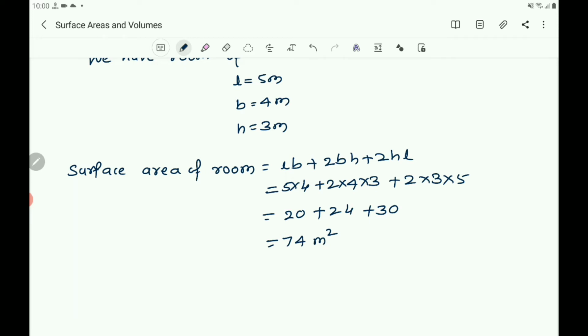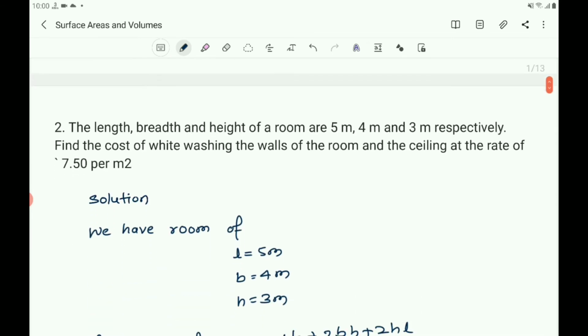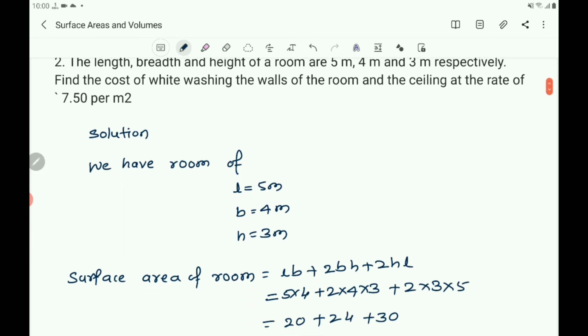The area of the room to be whitewashed is equal to 74 m square. And next, what is given here? Here we got the area, then the cost of whitewashing the walls of the room and the ceiling at the rate.